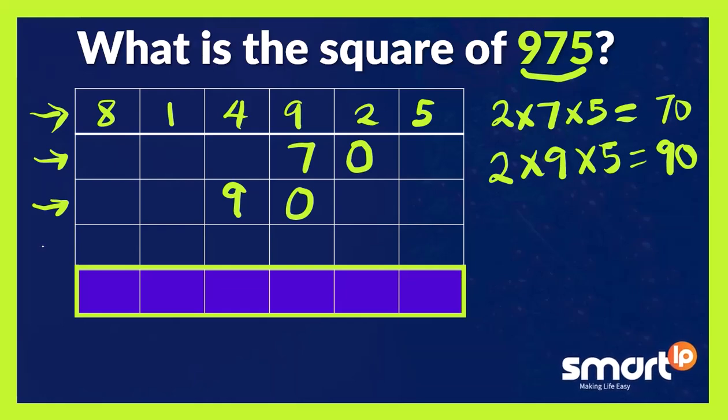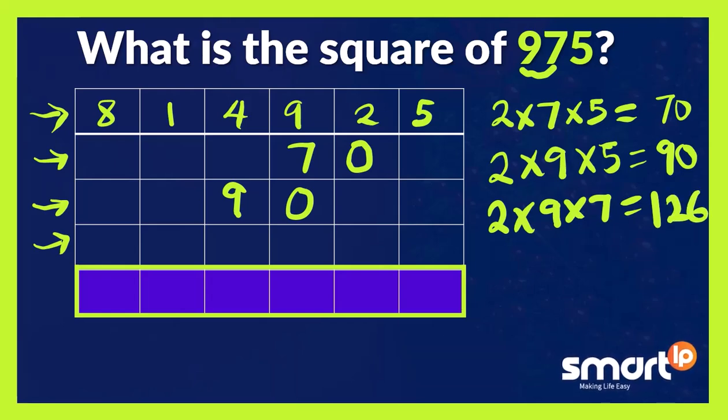So we are going to the fourth row. Okay, so in the fourth row, this is what we're going to do. We're going to take the first and the second digit and we will multiply that by 2. So 2 is going to be multiplying the first digit multiplied by the second digit, and that will give us 126.